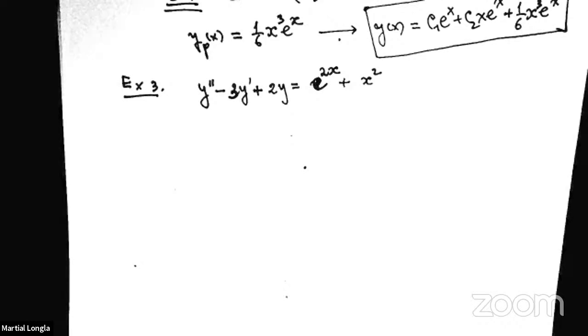And right here on this example, I'm going to teach you something else. Now, actually, when your right-hand side is written as a sum of functions, and you are looking for yp of x, then you need to find yp of x for each of those functions.